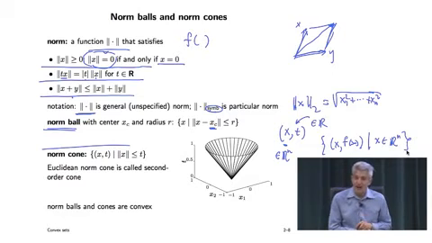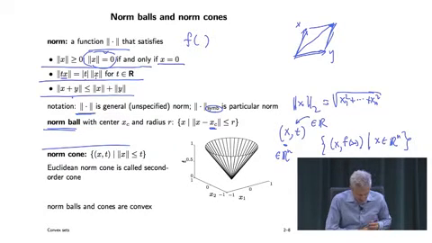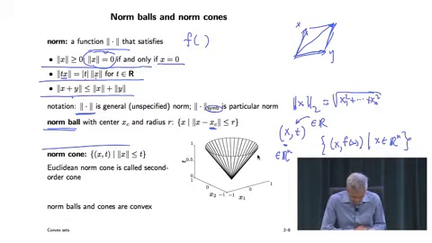You think of x as being down here, and then the height is what gives you f of x. Here, this is not the graph, it's actually what's called the epigraph of the norm, which we'll talk about later.